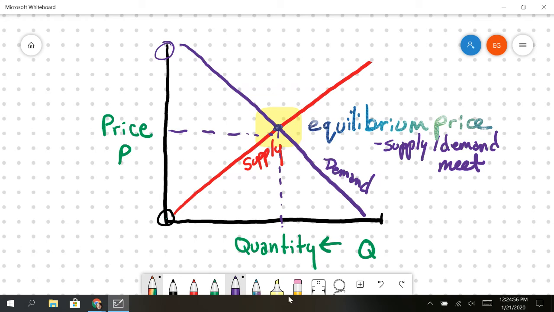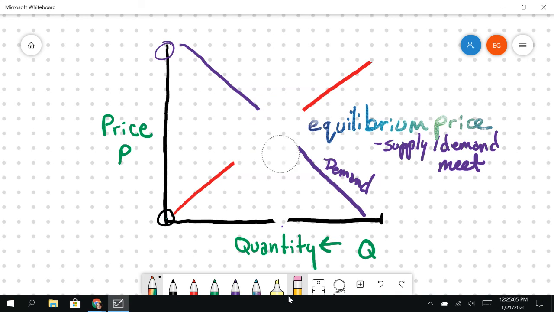Now, let's say it's not actually at the equilibrium price. So let's just say the supply of iPhones is right here. Well, that means that there are quite a lot of iPhones on the market.